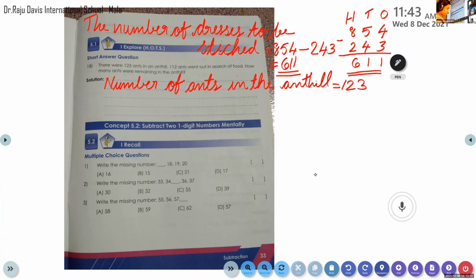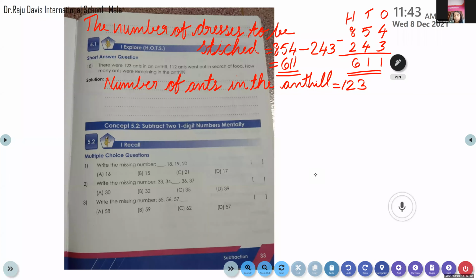Okay, the next step. Number of ants in the anthill equal to 123. Then the next step, who can tell the next step? Number of ants remaining. Okay.